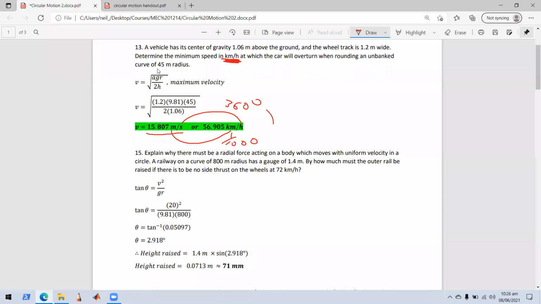That's the same as multiplying by 3.6 because it's 3600 divided by 1000. So we just multiply by 3.6 and you get 56.905 kilometers per hour.